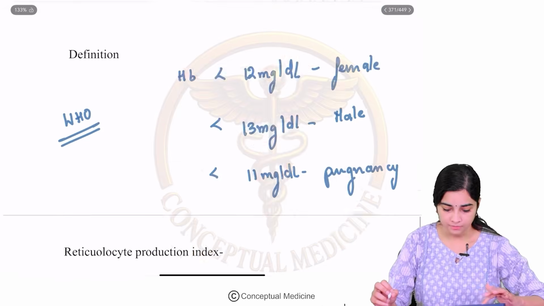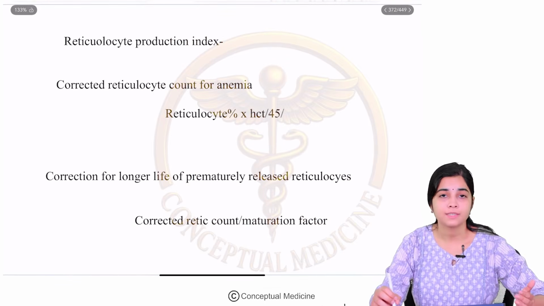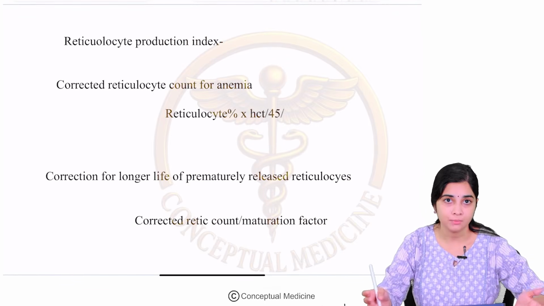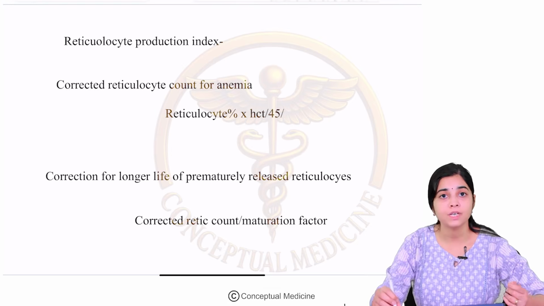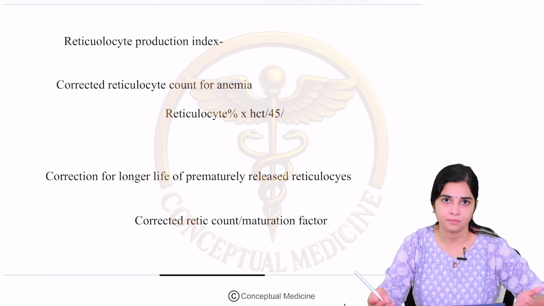Alright, fine. Now, another very important concept that we should understand before moving on to hemolytic anemias is the concept of reticulocyte production index. Okay, so we know that reticulocytes are basically immature RBCs which are produced from the bone marrow and released into the blood.